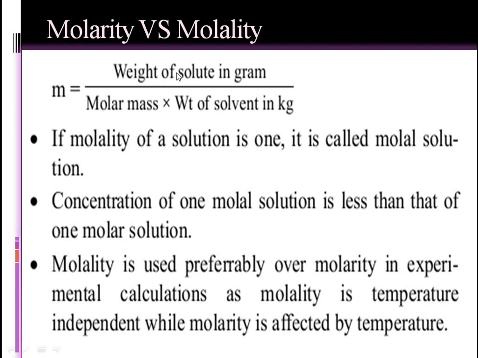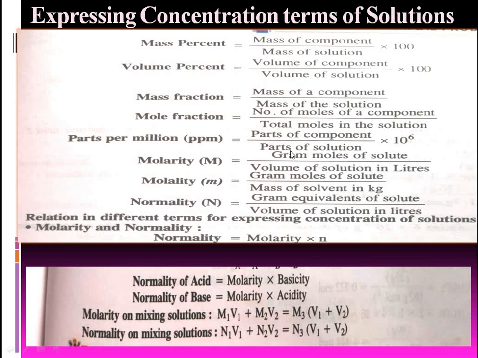Next, this is our molarity versus molality. We know that in molarity and molality, one thing is different: molality considers the mass of solvent, but molarity covers the volume of solution. So if we check both terms in our daily life, we will see that with change in temperature, molarity changes because volume changes with temperature, but the mass of solvent remains the same.